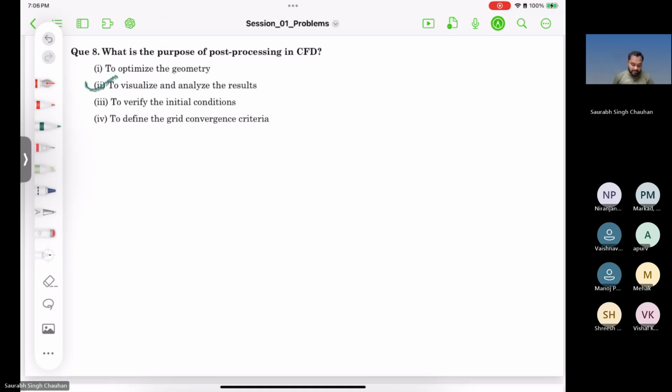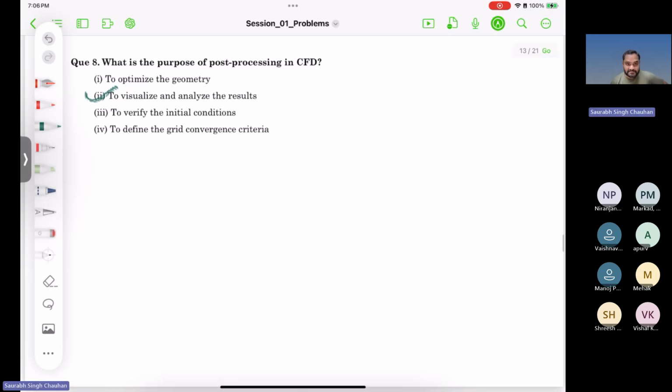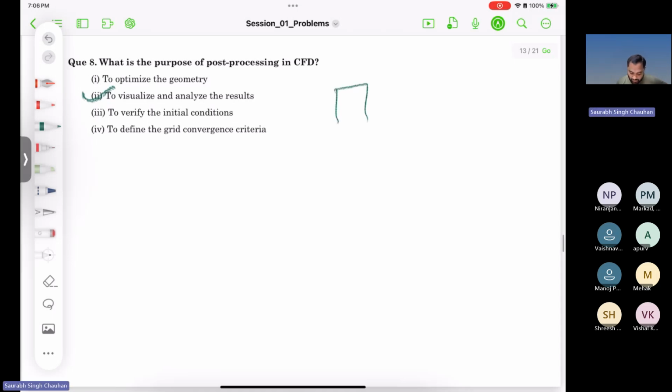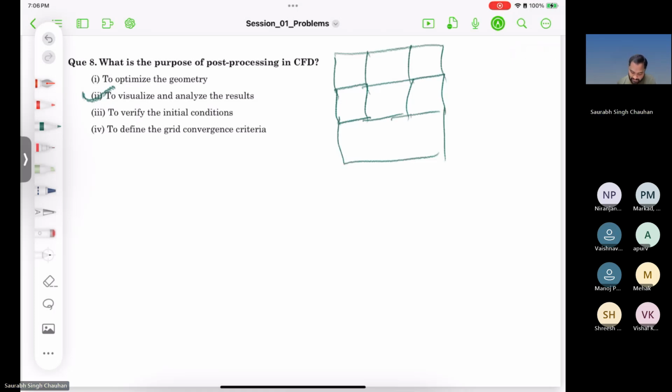Okay. So as we discussed previously, your results will depend on the size of the cells in the grid, right? So if you make these cells very big, then also you will get some results, but those results may not be accurate.